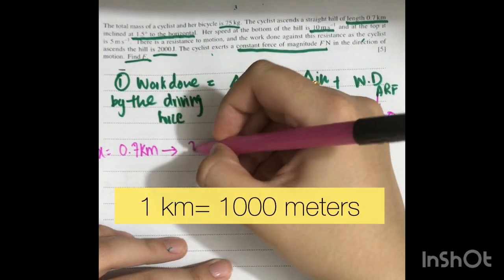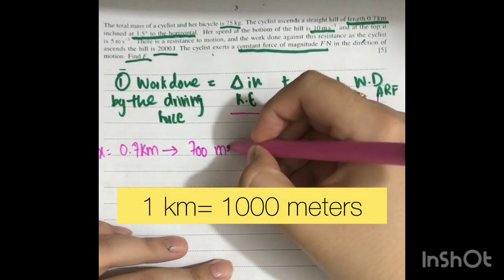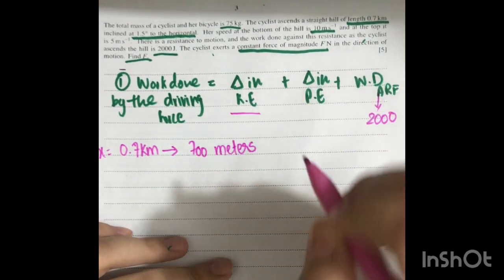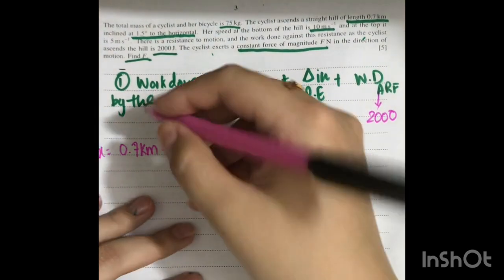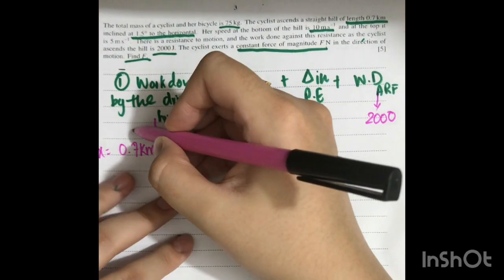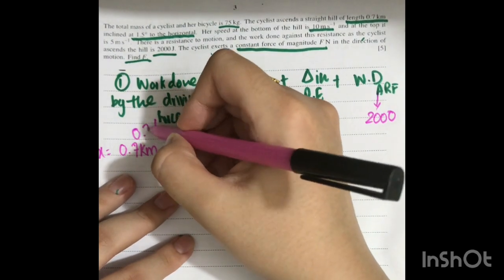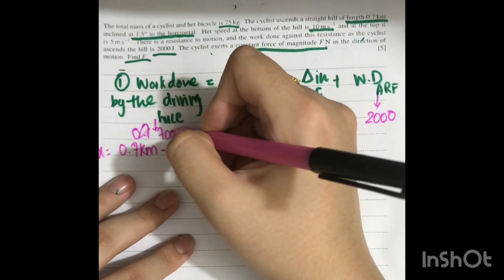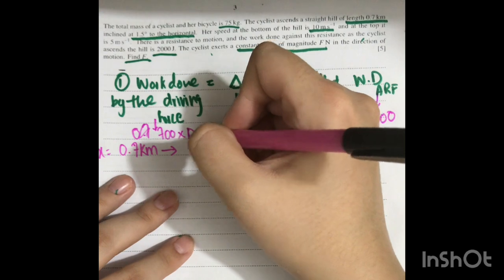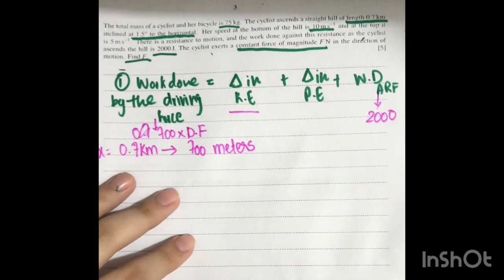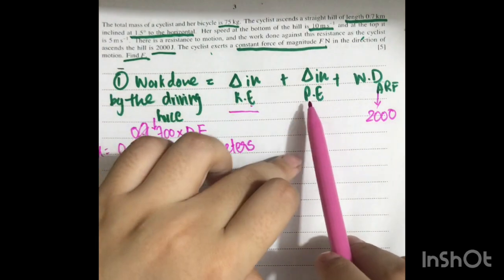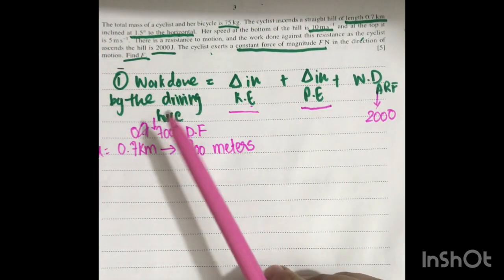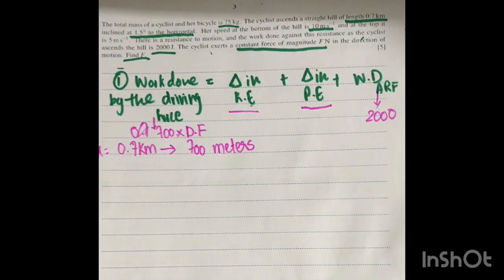So this is 700 meters. Now we also know that work done by the driving force is the distance traveled, which is 700 meters, multiplied by the driving force. So which means that if we find out the change in kinetic energy and the change in potential energy, we can find out the driving force.